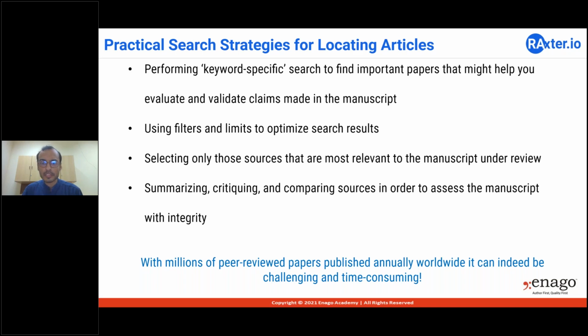You can select those sources that are most relevant to the manuscript under review. One approach is to stick to journals closely associated with the journal or conference where this paper has been submitted, which means where you are reviewing.